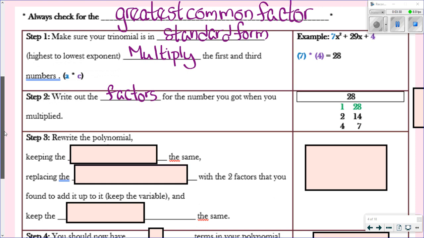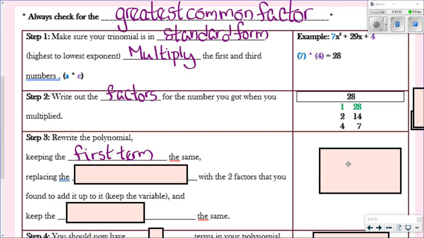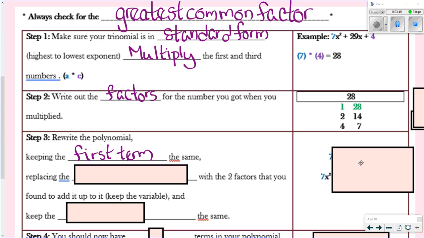Now, third step, rewrite the polynomial. We're going to keep the first term we started off with, which was 7x squared.